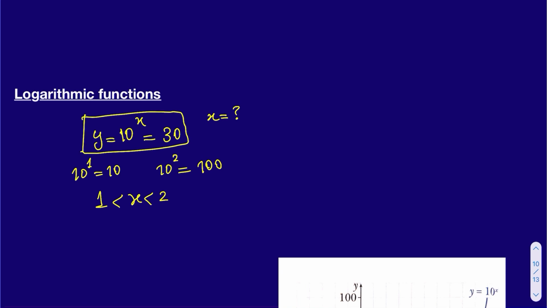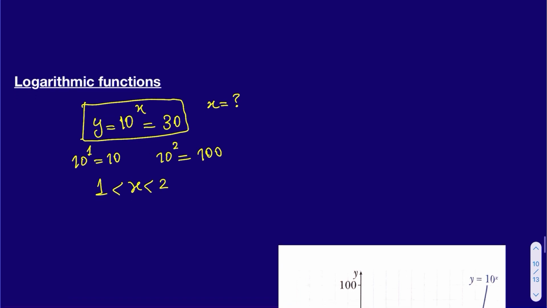We need to plot the graph of y is equal to 10 to the power of x, and then we can find the value of x when the value of y is at 30.